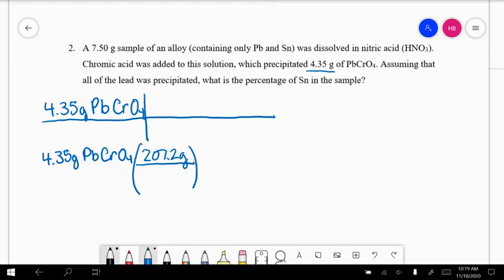So the molar mass of lead 2 chromate is 323.1937 grams. I'm just going to use a lot of significant figures. This is off the periodic table, the elements that you get to use for the AP exam.